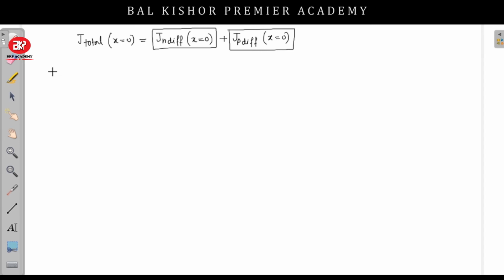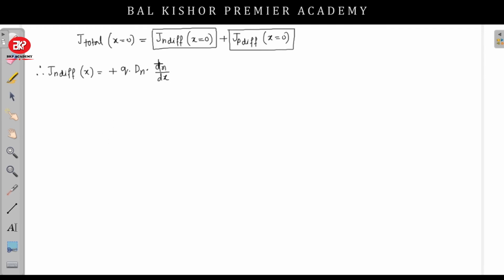So what will be the Jn diffusion at x equals 0? Suppose I am finding it. What is the equation of Jn diffusion? Plus Q into Dn into concentration gradient, that is dn by dx.